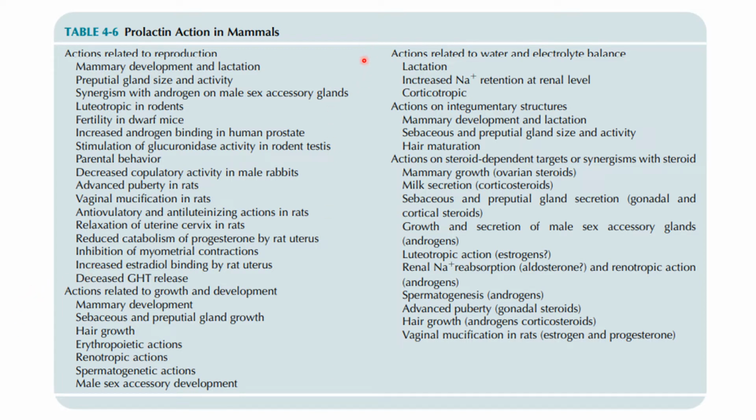It also has a role in water and electrolyte balance, in maintaining integument structures, primarily the mammary gland, and it has actions on steroid-dependent targets or synergisms with other steroid hormones. So please do take note and read on these specific functions.